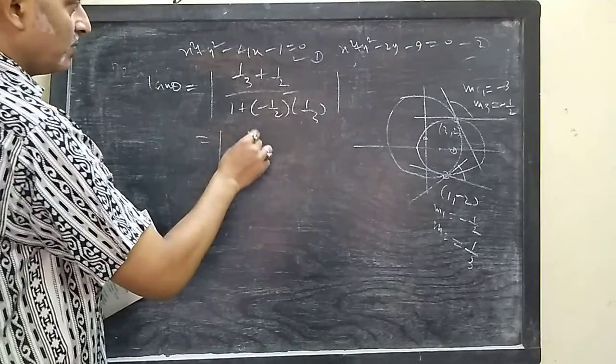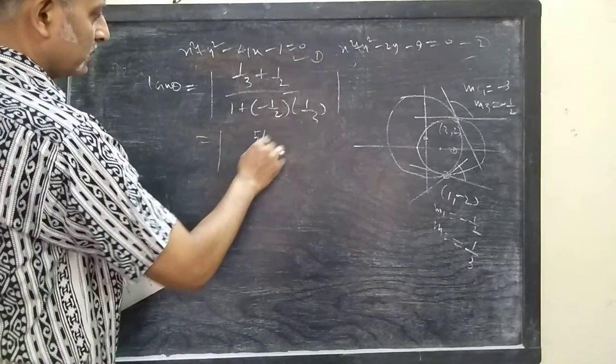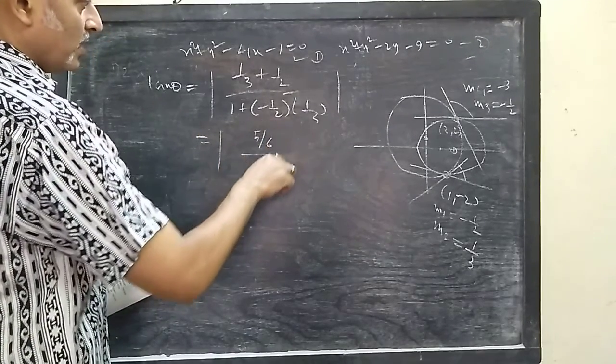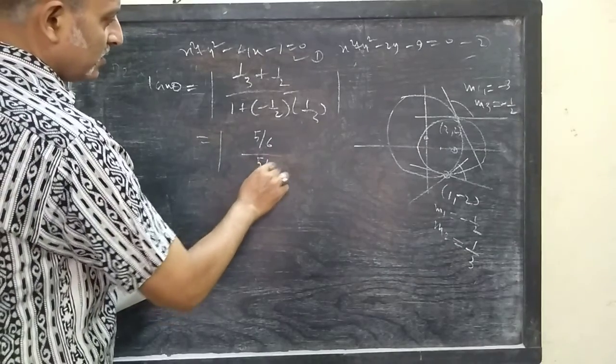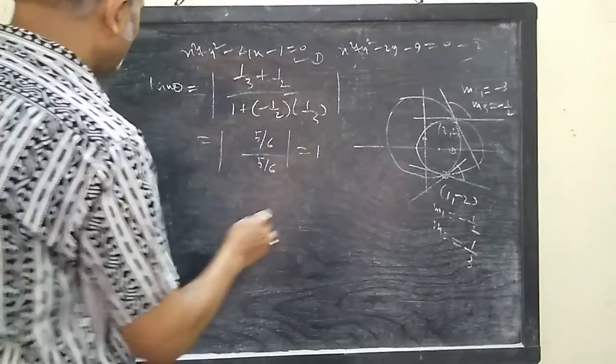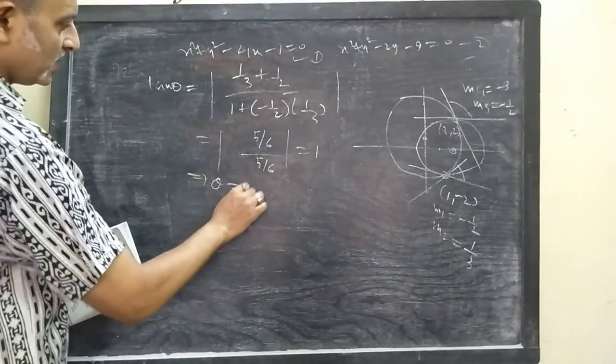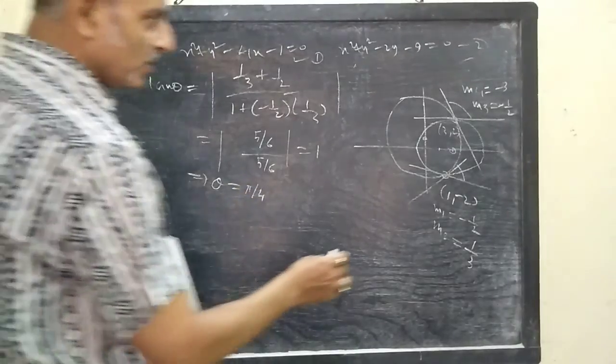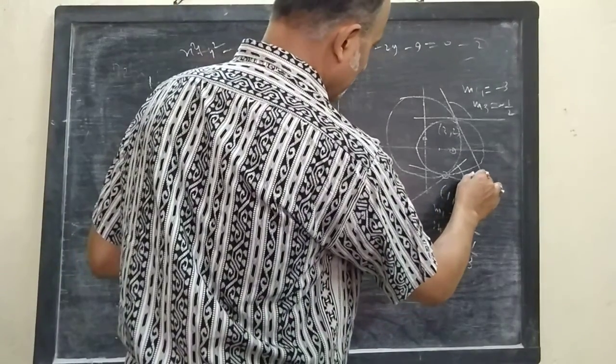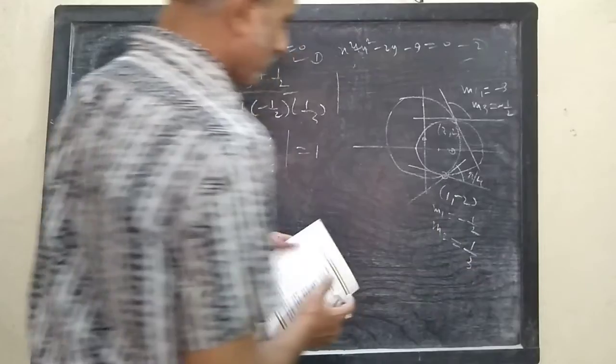This ultimately becomes 5/6 by 1 minus 1/6. This is also 5/6, so this is 1, which gives theta equals to pi/4. So we get the angle here is pi/4.